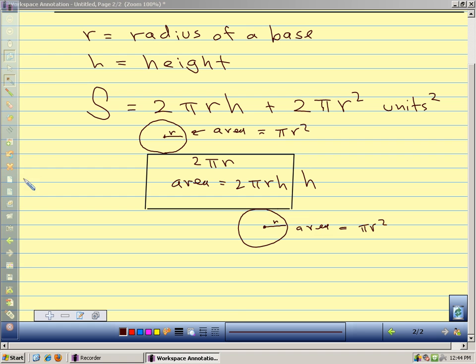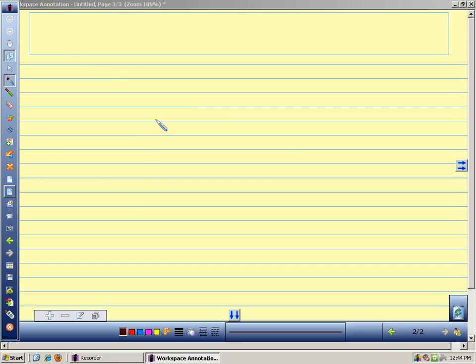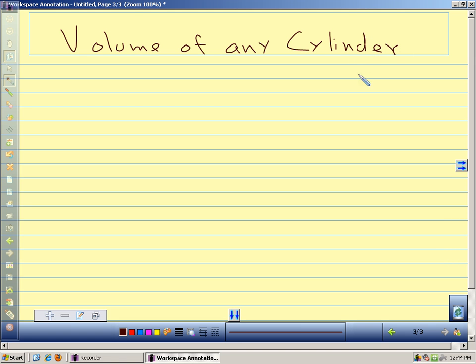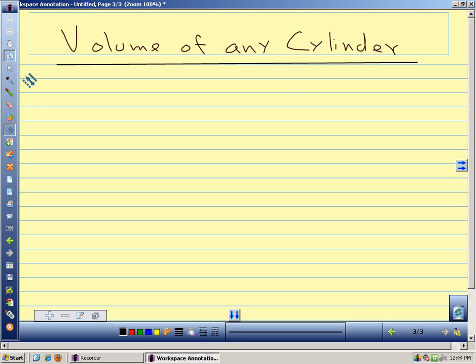All right, our volume formula. Volume of any cylinder. We don't have to have a right cylinder. This will work for any cylinder, and it's just like we talked about with prisms, where we made the stack of books and slanted them over and decided it had the same volume.